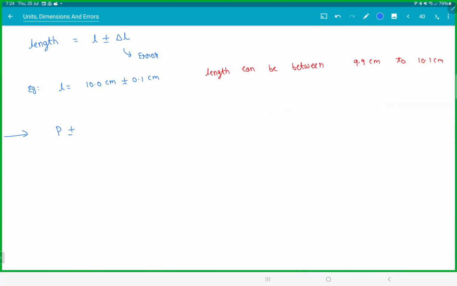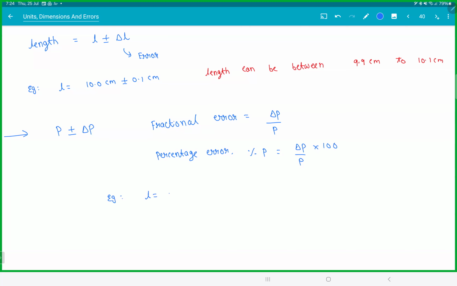So if you have a measurement like this, p plus or minus delta p, we define something called fractional error, which is the error divided by p, delta p by p. Then we define something called percentage error. We'll simply write percent p, which is delta p by p into 100.